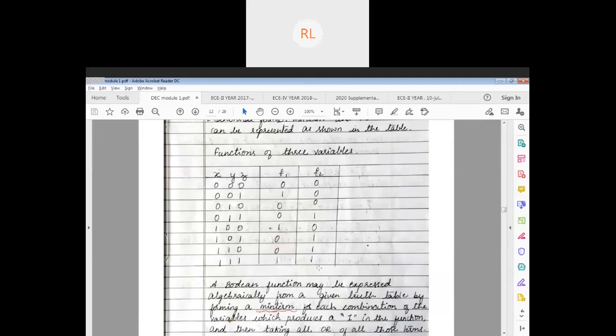The other values you can neglect because they are 0. Even if I consider them, it doesn't matter because it's not giving me an output. So I will consider only if I get an output. Wherever f2 turns out to be 1, you pick out only those values and try to form an equation.